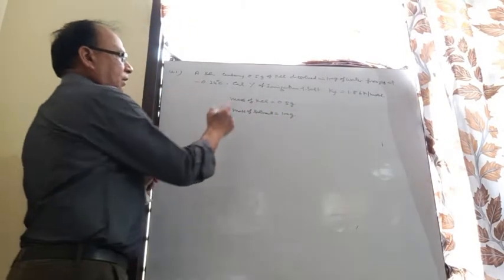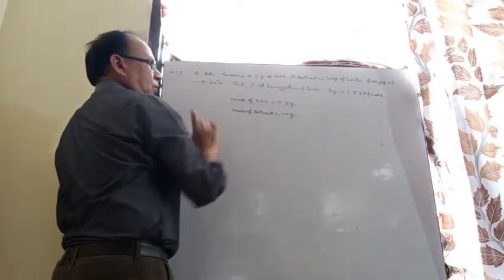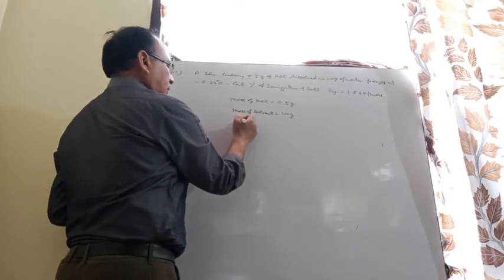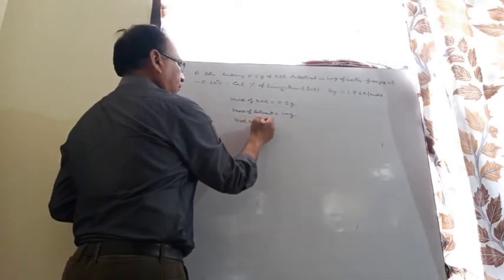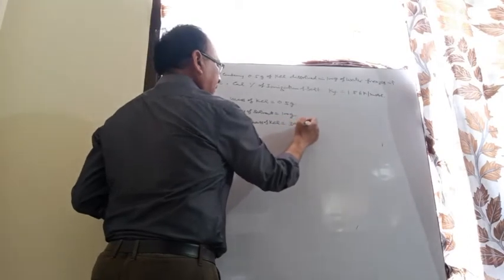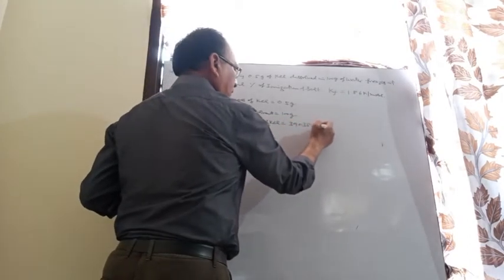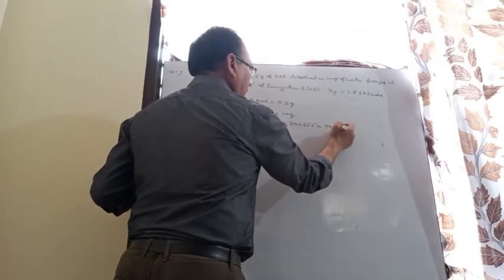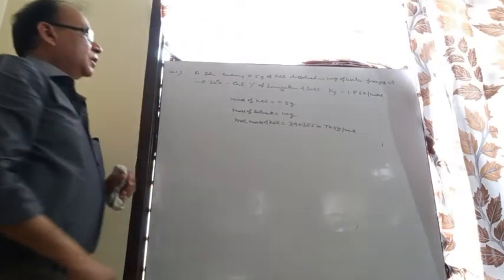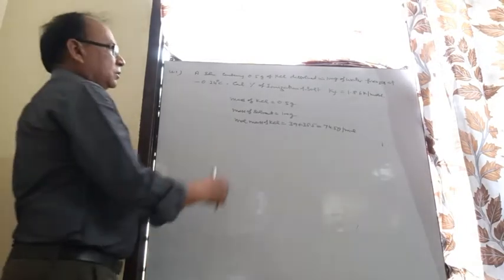Because we know the name of the solute, we can determine its molecular mass. Molecular mass of KCl is 39 plus 35.45, that is 74.5 gram per mole.